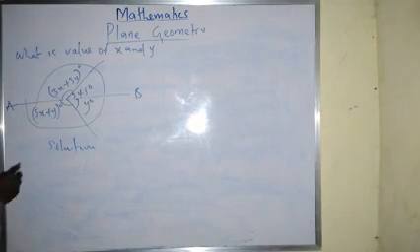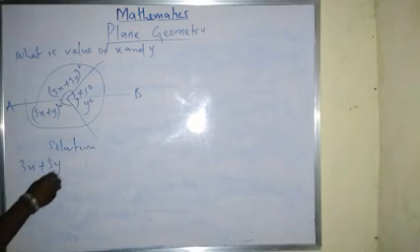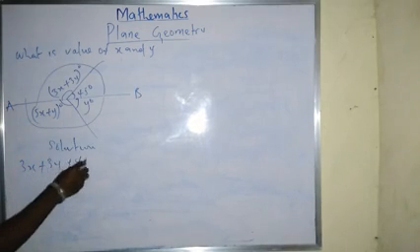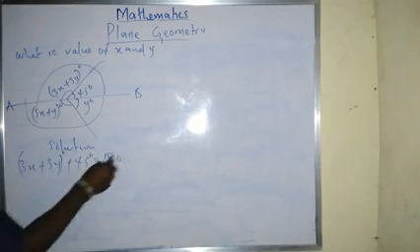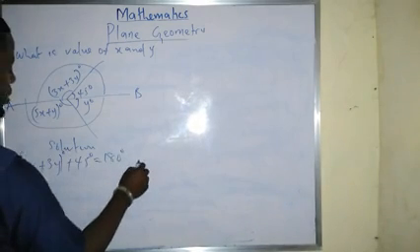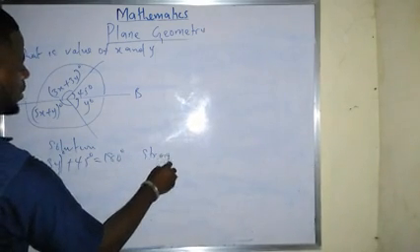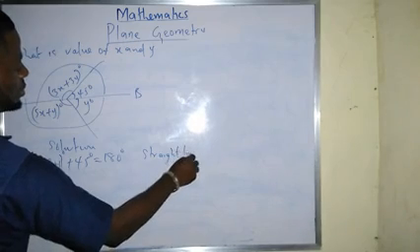It means I can say that 3x plus 3y plus 45 equals 180. Angles on a straight line.